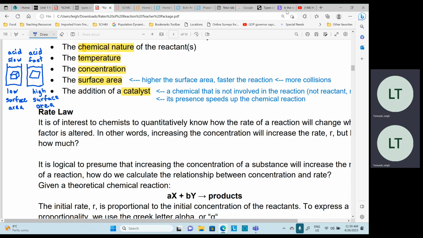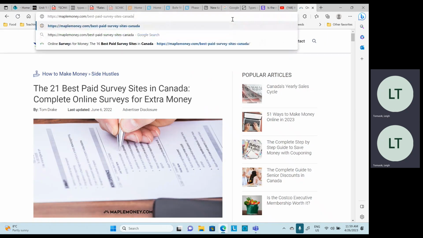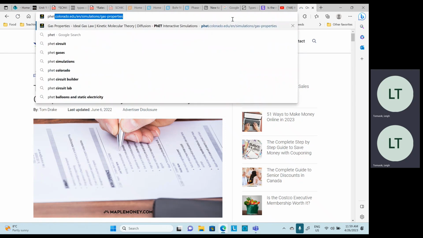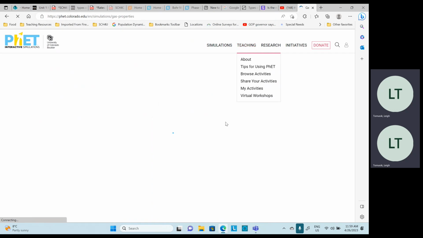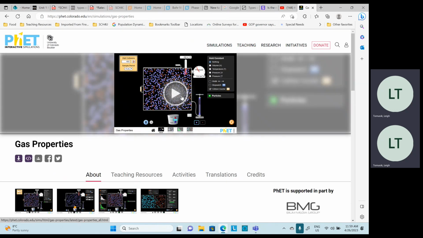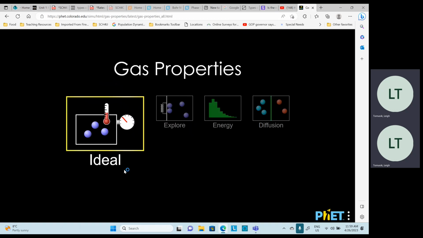So let's look at the idea of collisions in concentration.